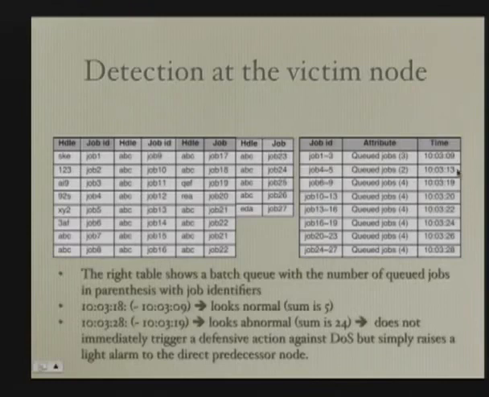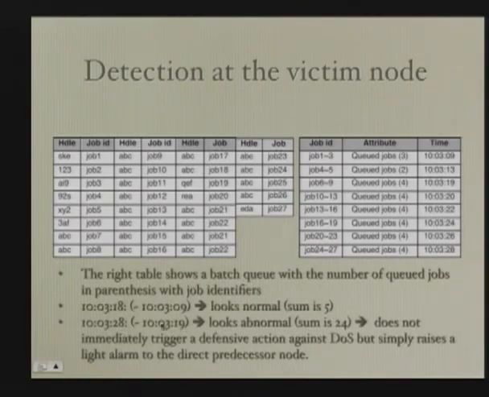In this case, from 10:3:09 to 10:3:18, only five jobs are queued here. So if we also assume a threshold to define anomalies as 20, for example, this resource consumption looks very normal, right? If the time slide comes to 10:3:28, you look back 10 seconds from there.